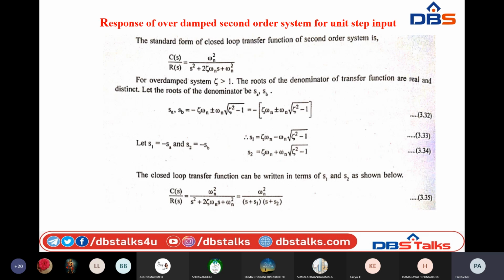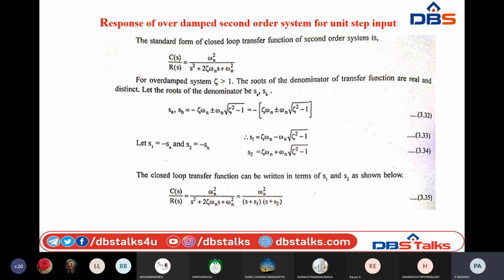So these are the A, B and C values. Now substitute the values in the response of the system in S domain, that is C(s), and then apply inverse Laplace transform in order to get the time response of the system.